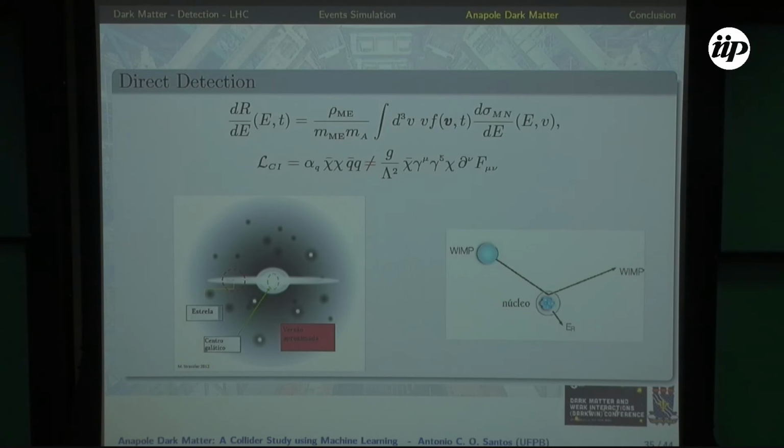Okay, since this is a search in collider physics, we interact with quarks. In this way, direct detection is a good constraint as well, and we performed this parallel analysis to compare them. But there is a problem here because, as pointed out, the collaborations give just one type of interaction, the contact interaction, which is different from the Anapole one.